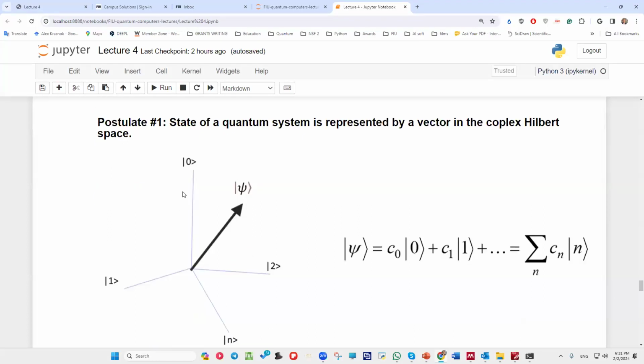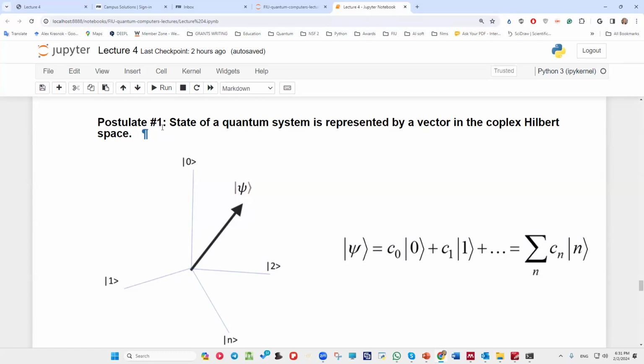All right, so let's start with postulate number one. Postulate number one, as I formulate it, says that the state of a quantum system is represented by a vector in the complex Hilbert space. So let's say we have some quantum system.